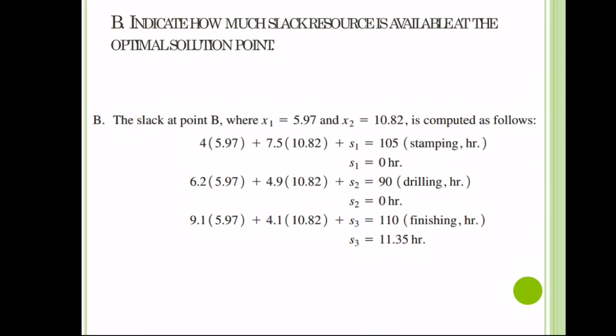S1 equals 0 hours. 6.2 times 5.97 plus 4.9 times 10.82 plus S sub 2 equals 90, or drilling hours. S2 equals 0 hours. 9.1 times 5.97 plus 4.1 times 10.82 plus S sub 3 equals 110, or finishing hours. S sub 3 equals 11.35 hours.